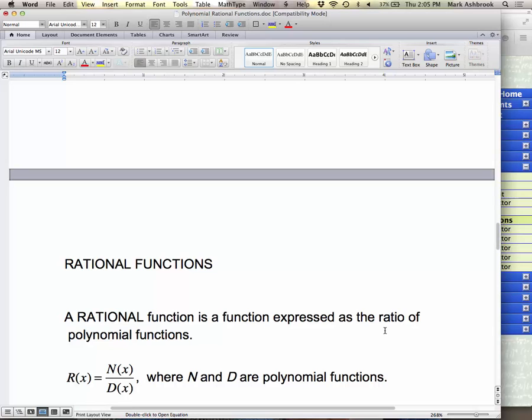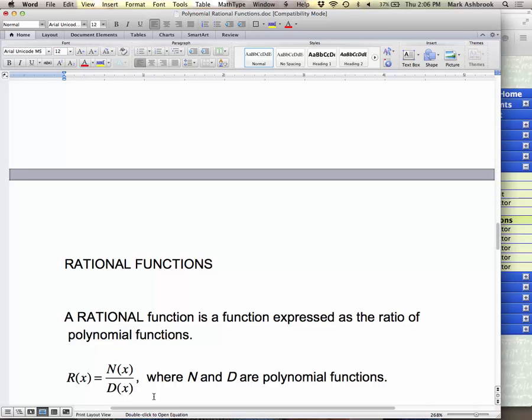I've called n of x our polynomial in the numerator, and d of x our polynomial in the denominator. When you take one polynomial and divide it by another, you get all these crazy situations that can arise.